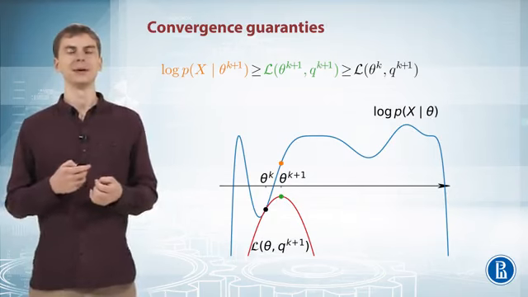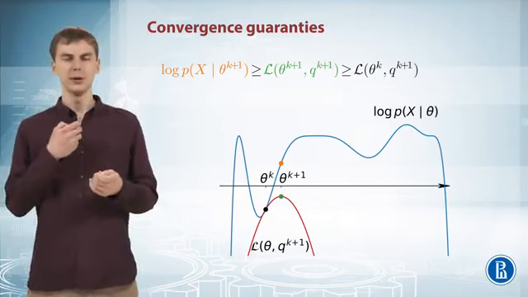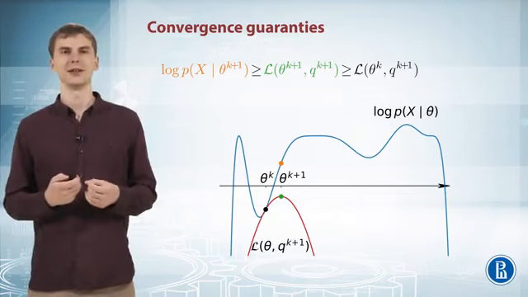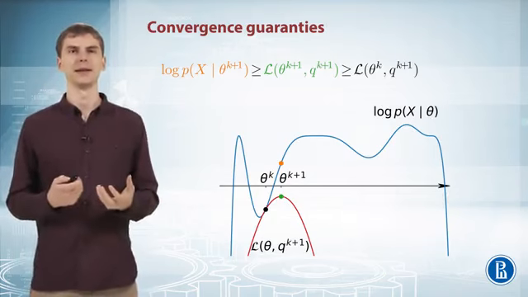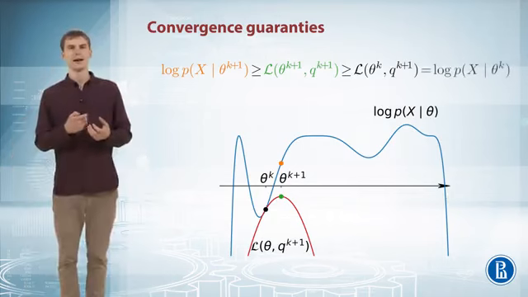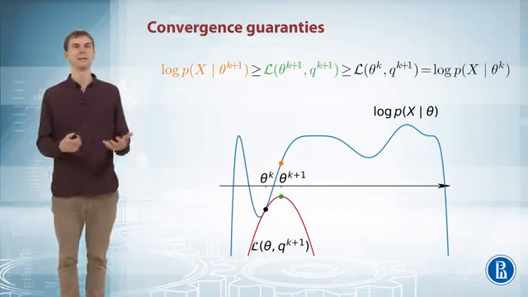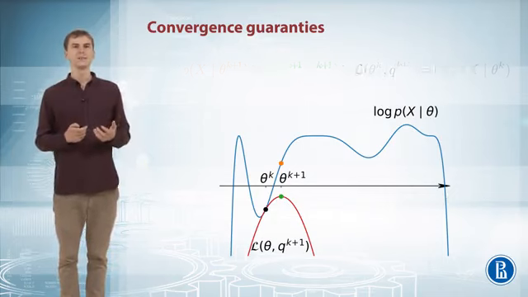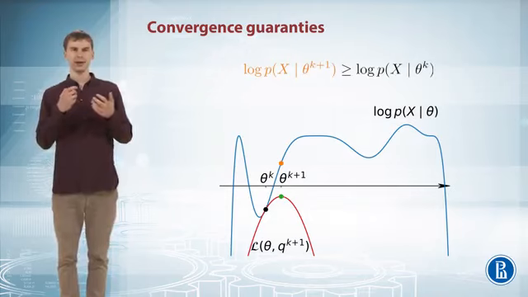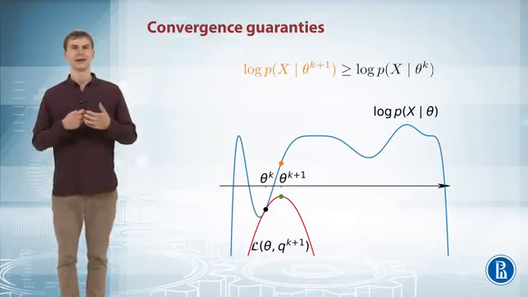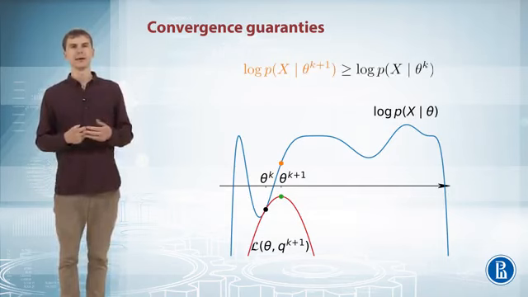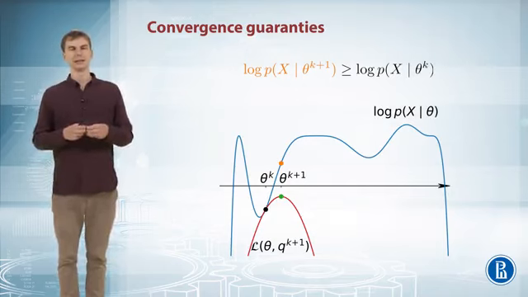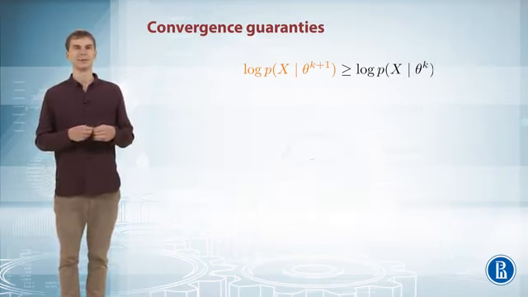And finally, because we have chosen Q to be such that the lower bound is optimal at the point theta k, this lower bound at the point theta k just equals the log likelihood at the point theta k. So finally, we obtained such an inequality that tells us that the marginal log likelihood never decreases during an iteration of the EM algorithm, which basically means that the EM algorithm never makes things worse.